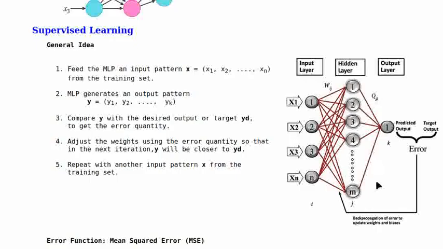Then we calculate all the input values and output values again. We iterate this many times so that the targeted output and the predicted output will converge to each other.